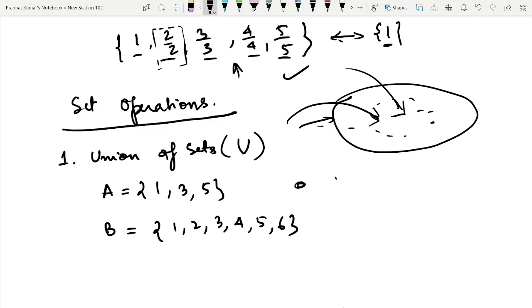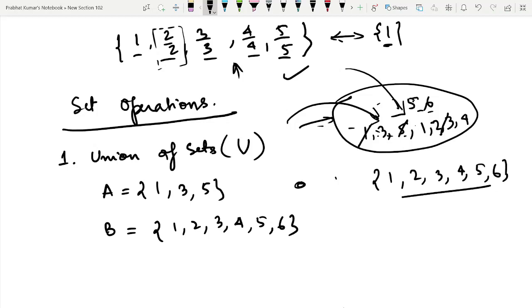So if you collect them together, it will be 1, 3, 5, 1, 2, 3, 4, 5, 6. So 5 is there once, 3 is also there once, and 1 is also there once. So you basically get 1, 2, 3, 4, 5 and 6. This is the union of these two sets.